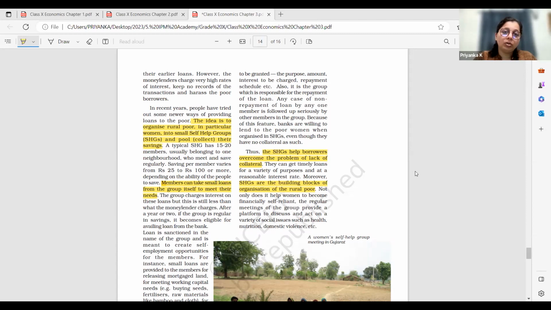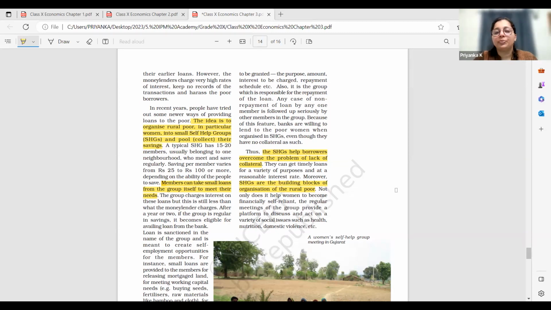Because of their role in supporting poor and small income families, SHGs are gaining a large amount of significance in the community. SHGs are one way through which borrowers are able to depend less on money lenders, and at the same time overcome the problem of lack of collateral.